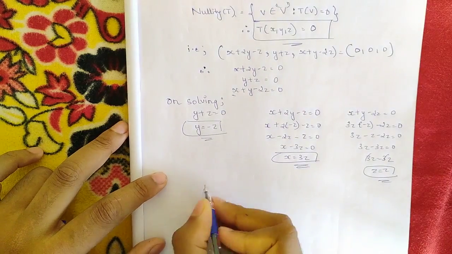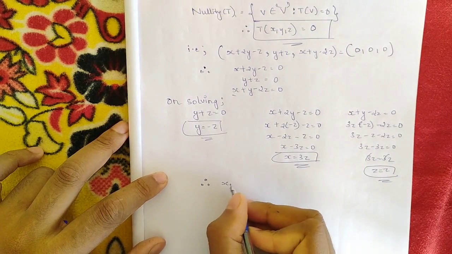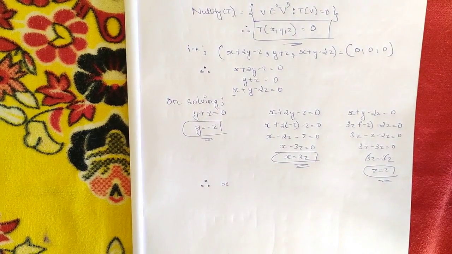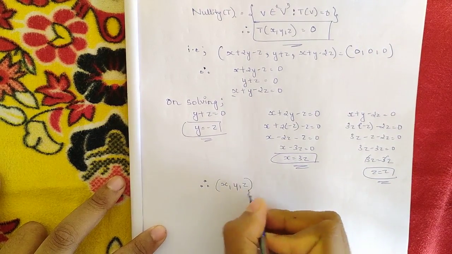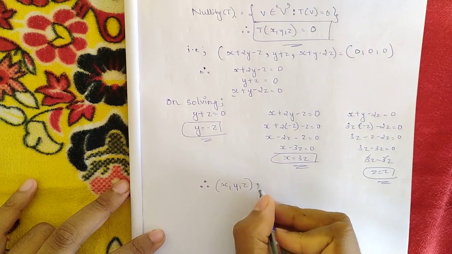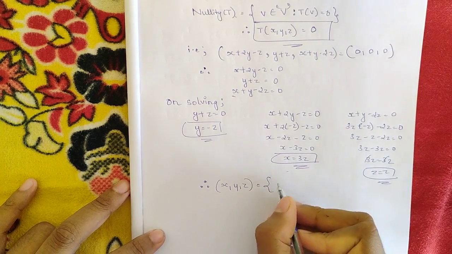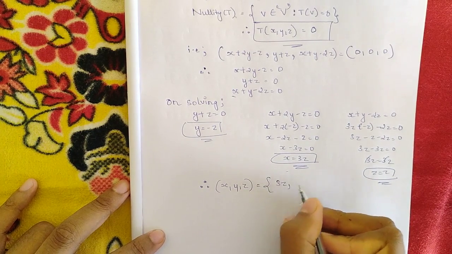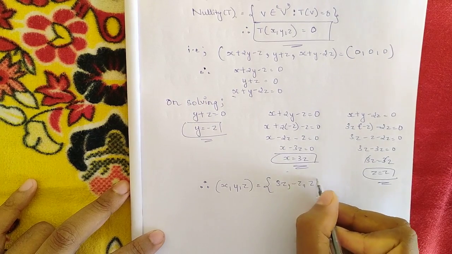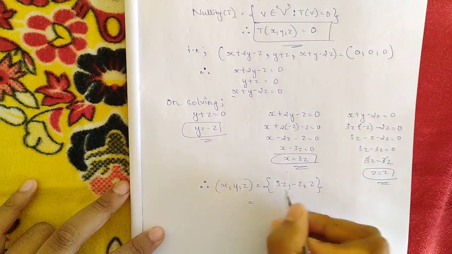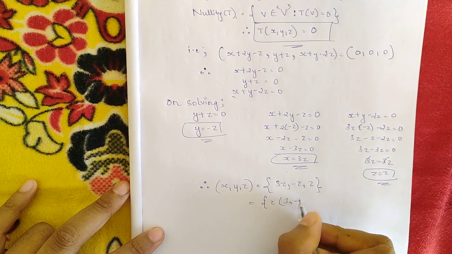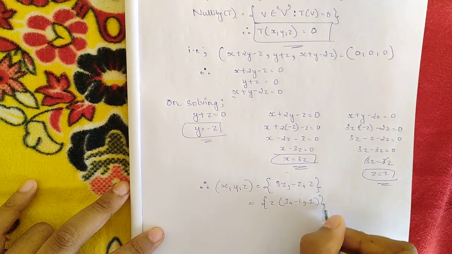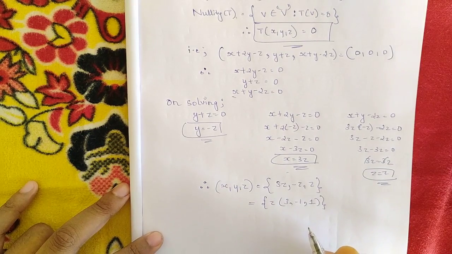We got all the values of x, y, z in terms of z only. Therefore write (x, y, z) is equal to (3z, minus z, z), or taking z common, z times (3, minus 1, 1).